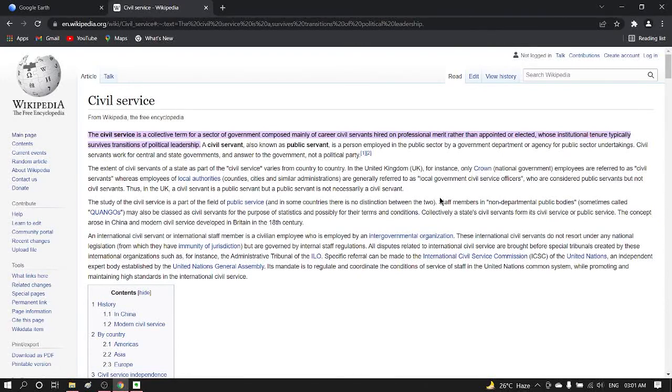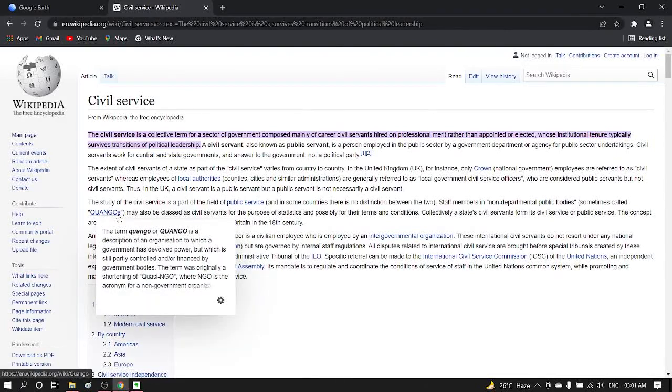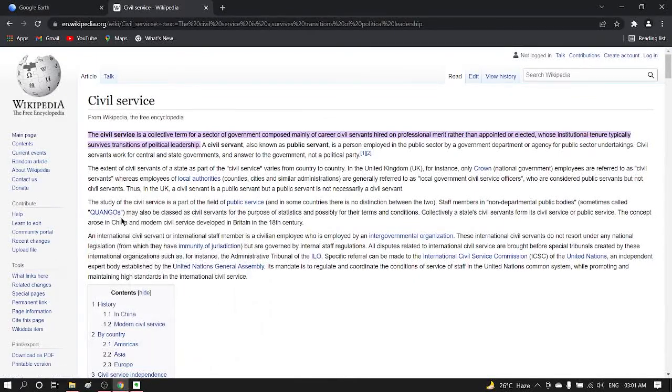by the government. Staff members in non-departmental bodies may also be classified as civil servants for the purpose of statistics and possibly for their terms and conditions. Okay. In certain cases, NGOs who are quasi in nature, they are non-governmental organizations, but controlled by the government in certain cases.